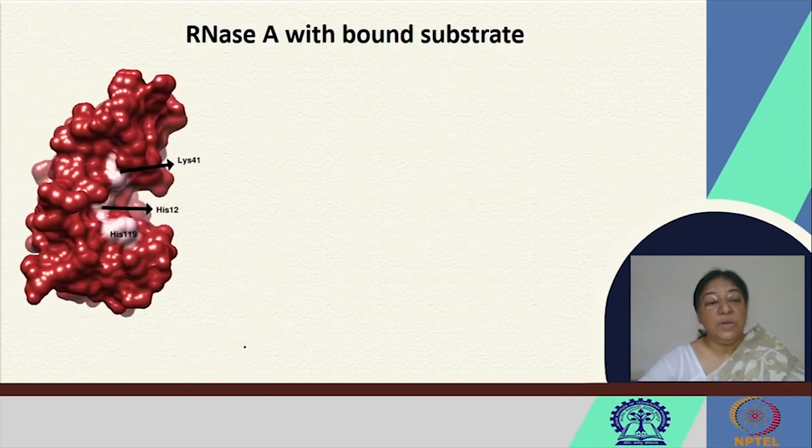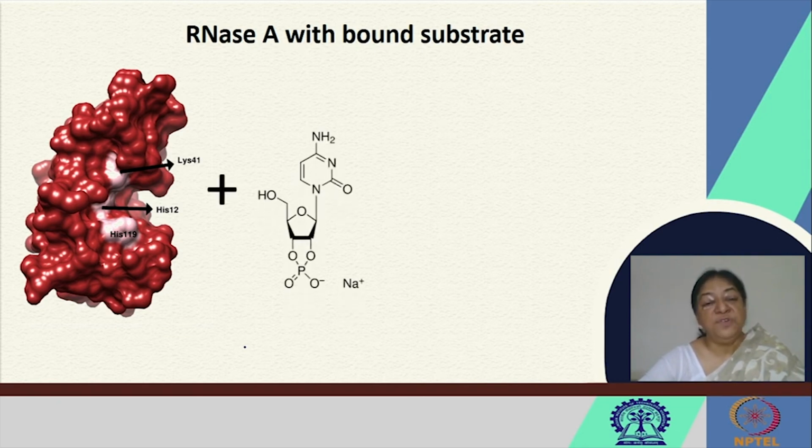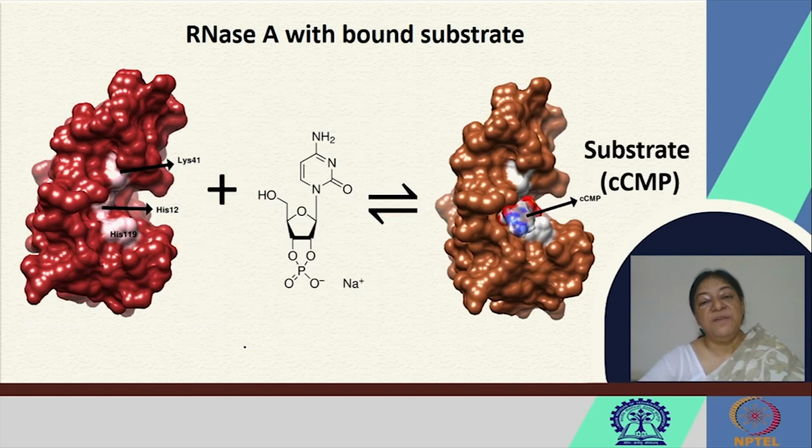If we look at the ribonuclease A with the bound substrate, we have a specific mechanistic detail that occurs with histidine 12 and histidine 119 in what is called a transphosphorylation reaction followed by a hydrolysis. But the importance of the residues comes from their recognition of the substrate at the active site, which in this case involves a transition state formation, involves two histidines that act as a base and an acid.